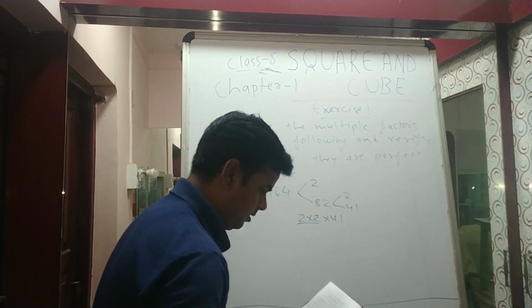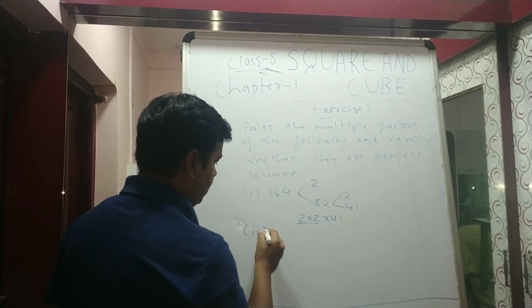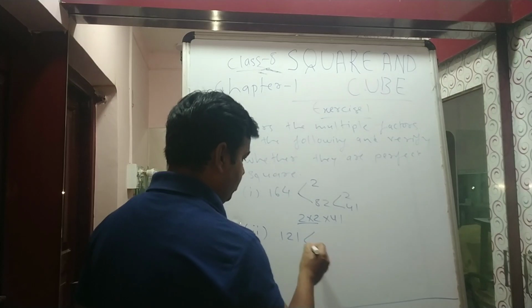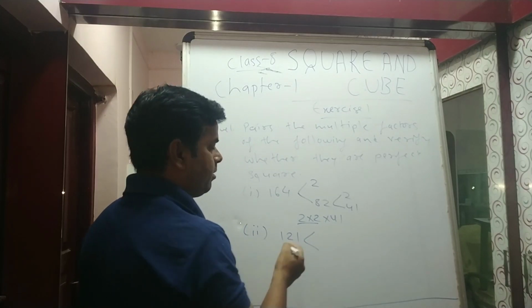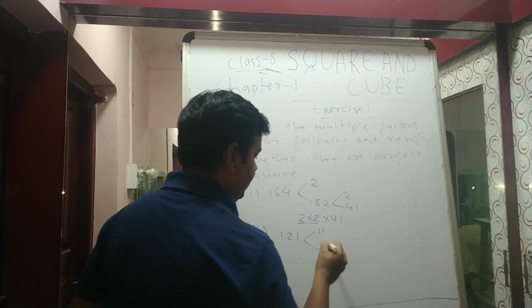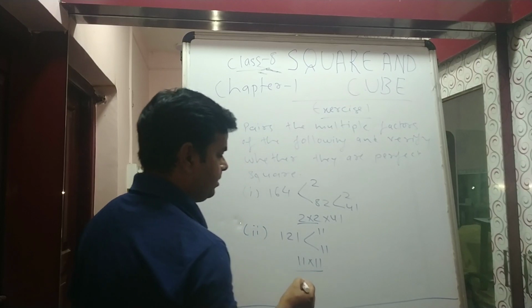Okay, let's take another question. 121. As this cannot be divided by 2, or by 3, 4, 5, 6, it can be divided by 11, 11 times. So it is 11 into 11. That is in pair.